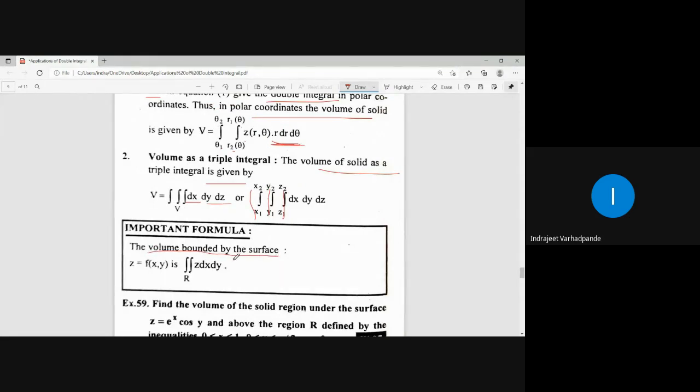Whenever I'm talking about the double integral, it is a surface, and z is equal to f of xy is double integral over R z dx dy. So always try to convert z in the form of x and y, evaluate between the limits of x as well as y, and you get the simplification and the answer.